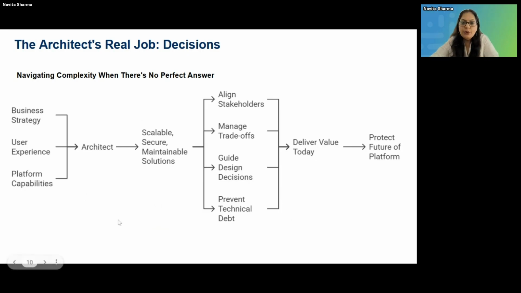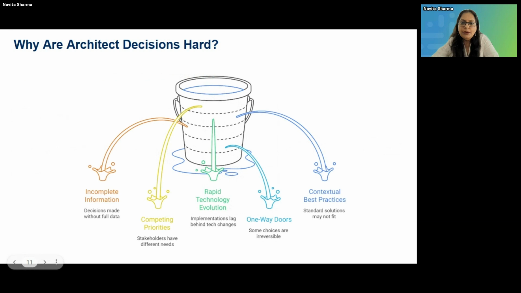So let me go to another view. We say architect, but architect decisions are very hard. This is a diagram which I have created using Napkin AI, and I really love this diagram. When I asked it to generate a diagram on why decisions are hard, I really liked this bucket analogy.